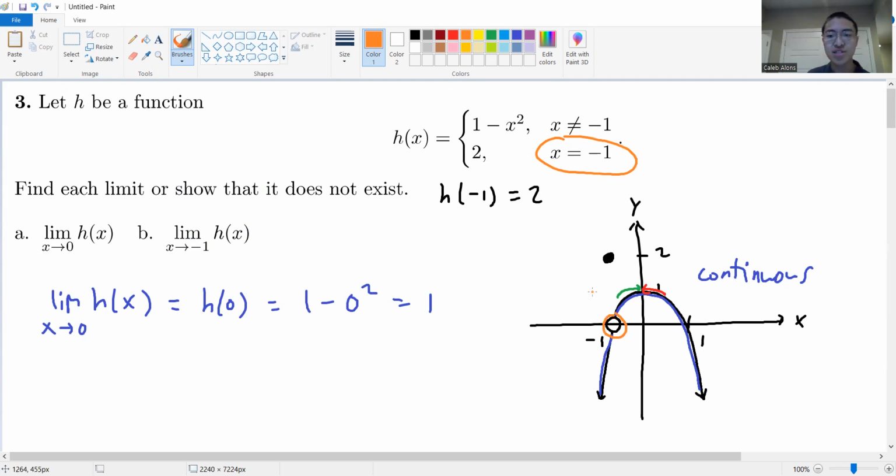Now remember, we can't just plug in the function value like we did here because we see that it is not continuous. But just because it's not continuous, that doesn't mean the limit fails to exist. It's possible to have the limit exist but not be continuous. And this is one of those cases where the limit does exist. It's just not continuous because the limit doesn't correspond to what the function value should be.